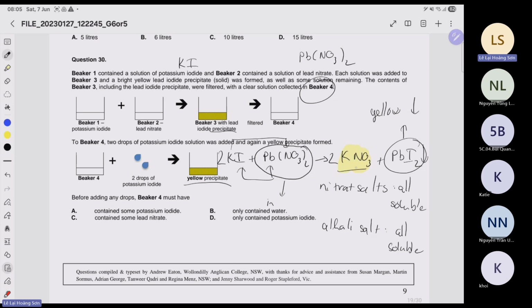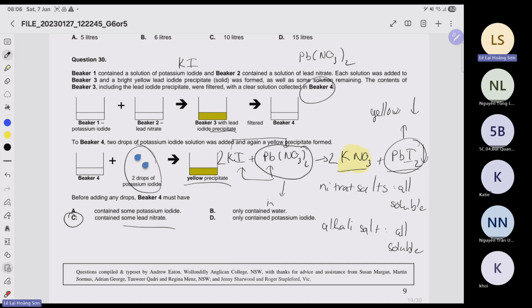But now in beaker 4, which is colorless, you add potassium iodide and you form yellow precipitate still. It means you still have lead-2 nitrate in the solution, and it can react one more time. So you have water, potassium nitrate, and lead-2 nitrate. So the answer here is C. You still have some lead nitrate. That's the reason why when you add more potassium iodide, you can still form more precipitate.